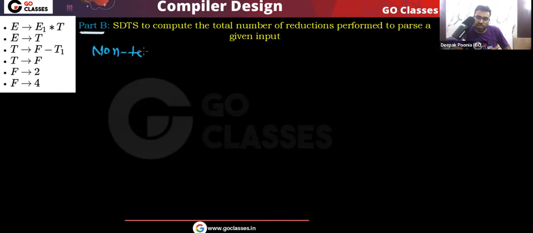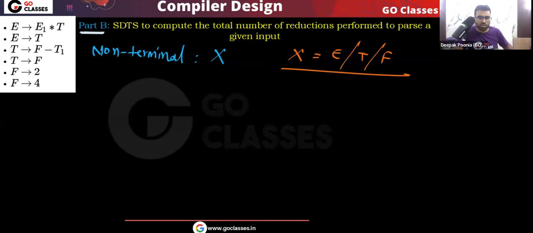Of course, what can this x be? This x can be e, or f, or t. That you know. So if you have this non-terminal x, then for this x, we introduce the attribute red.